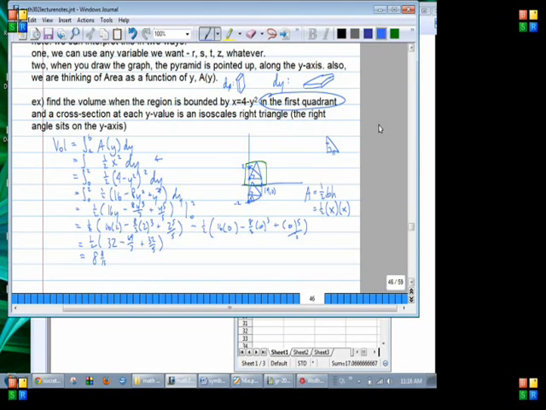So you're finding the same volume. And the quadrant stuff can be changed. The first quadrant is still the first quadrant when you do that. So instead of sitting on the y-axis in the first quadrant, it's sitting on the x-axis in the first quadrant. But yes, if you do that transformation, you have to make sure that you get things right.